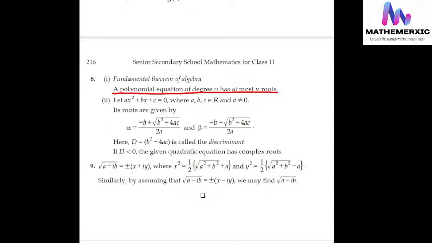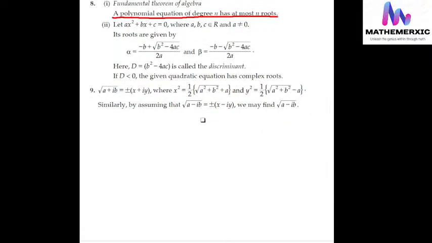Simply by assuming root of a minus ib is plus minus x minus iy, we may find the value of root of a minus ib in that case.